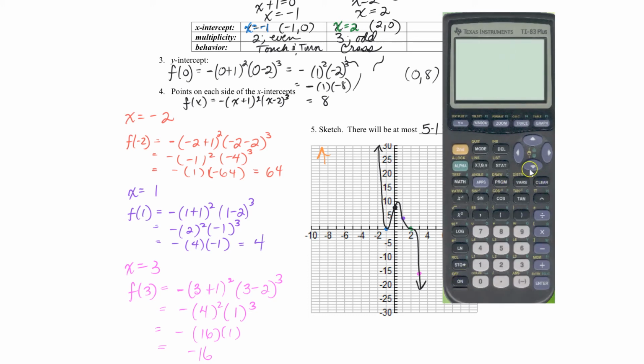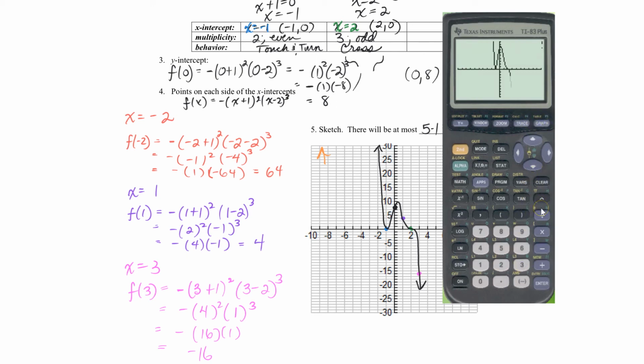I clear the graph. Go ahead and clear out what we did in the last example, and type in my new function, the opposite of x plus 1 squared times x minus 2 to the 3rd power, and then graph.